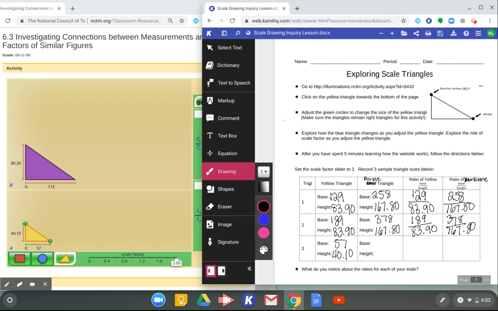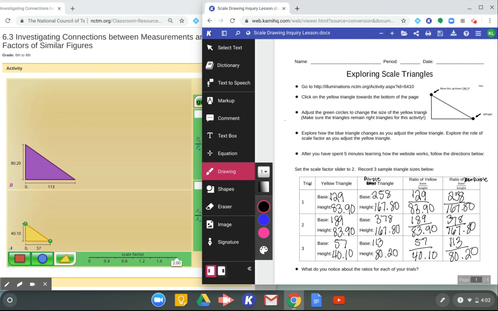And now if I look at my purple triangle, it has a base of 113 and a height of 80.20. And I'll write the ratios again. So the ratio of yellow is the base 57 over the height 40.10. And then the ratio of purple is 113, which is our base, over the height, which is 80.20.